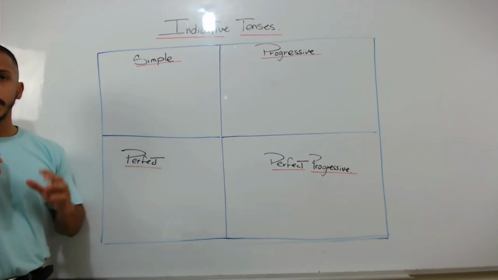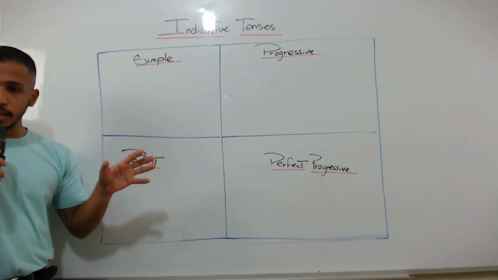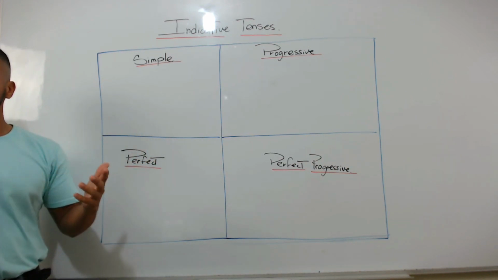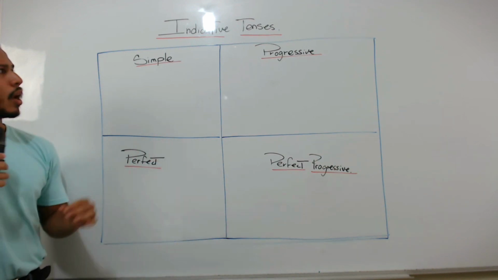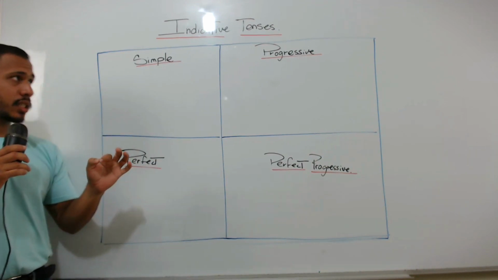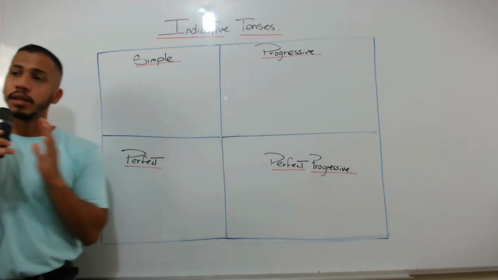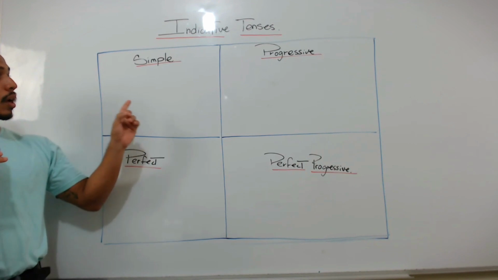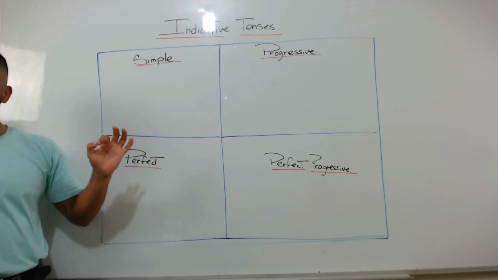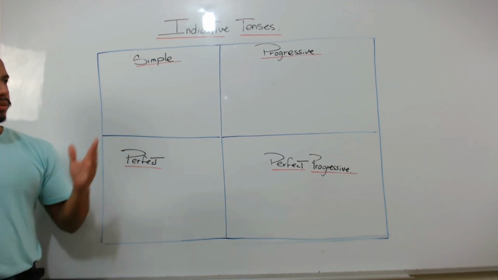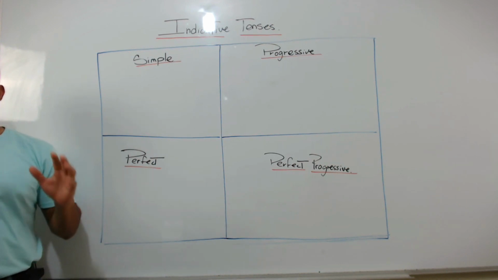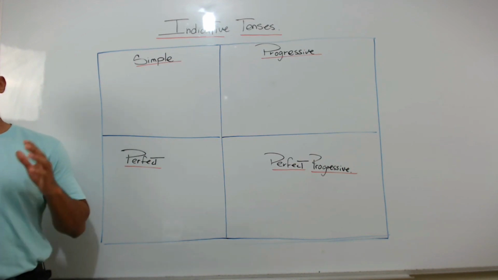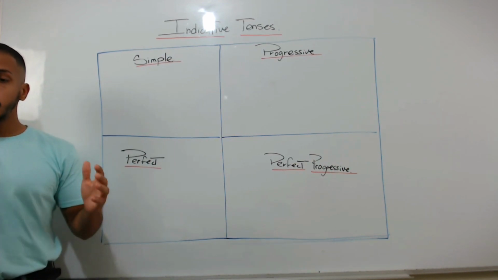What is the difference between simple sentences and progressive sentences? Here's a simple difference. The simple sentences do not have a helping verb. A progressive sentence does have a helping verb, and that's going to be our helping verb to be.